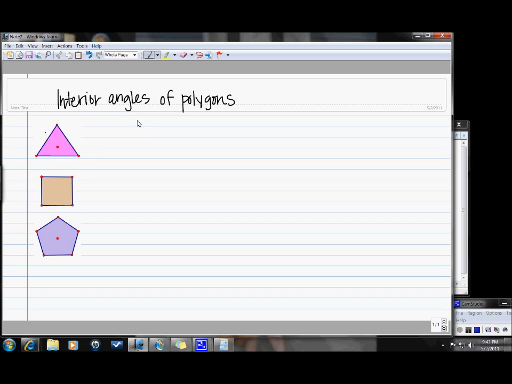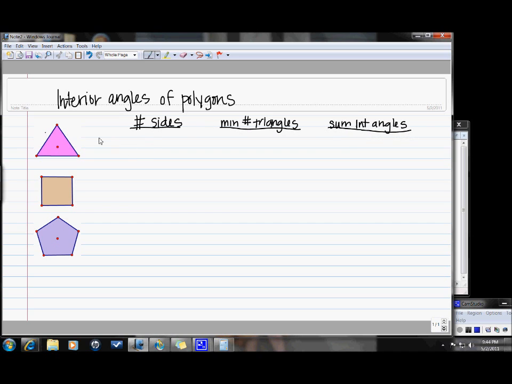I'm just going to create a little table: number of sides to each of our shapes, the minimum number of triangles that we can create from our shape, and the sum of the interior angles.